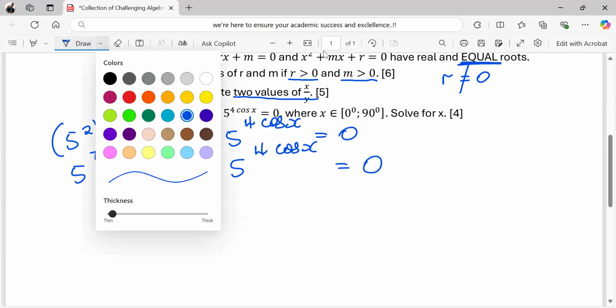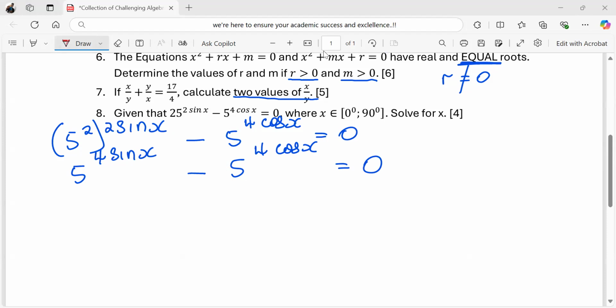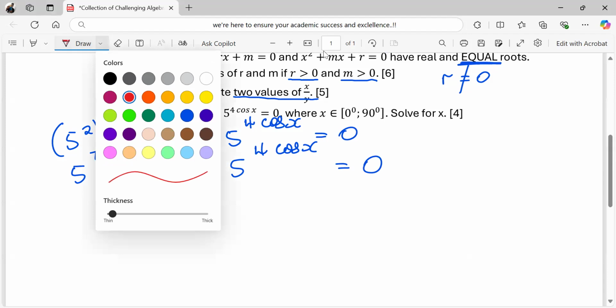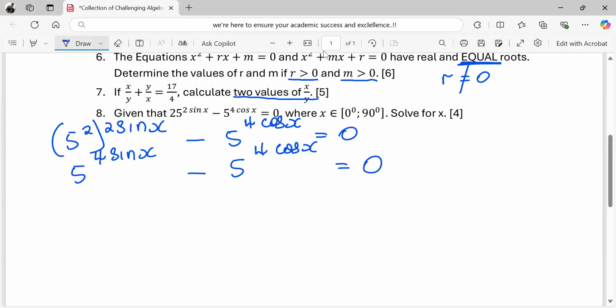But then we realize something that is terribly important, which is the fact that even though the bases are the same, the exponents are completely different. So this means we don't really have a common factor looking at these two terms.